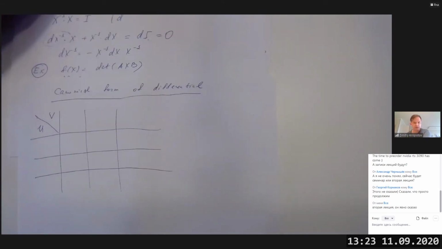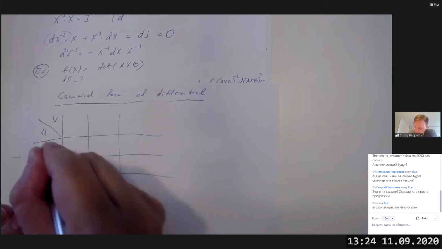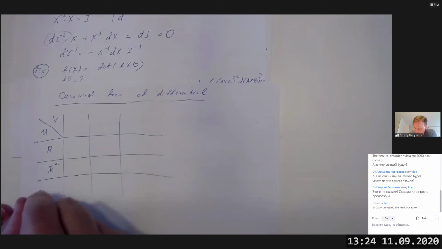a 3 by 3 cases. So this U and V are our possible input and output space. And for simplicity, we consider 3 situations when each of these spaces could be either a real value, a vector, or a matrix. So this U could be real value, could be some vector, or could be some matrix n by m.